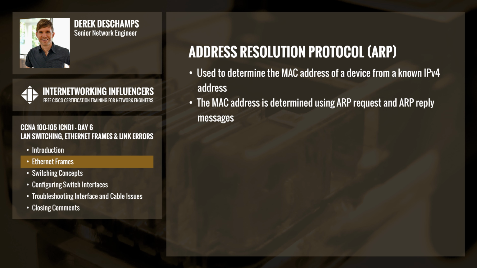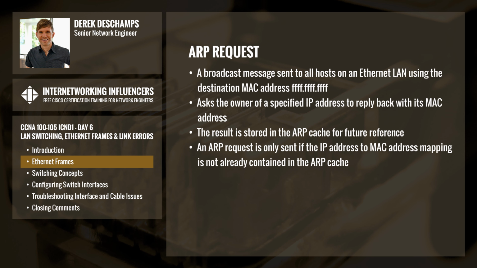The MAC address is determined using ARP request and ARP reply messages. An ARP request is a broadcast message sent to all hosts on an Ethernet LAN, using the destination MAC address containing all Fs. An ARP request asks the owner of a specified IP address to reply back with its MAC address.